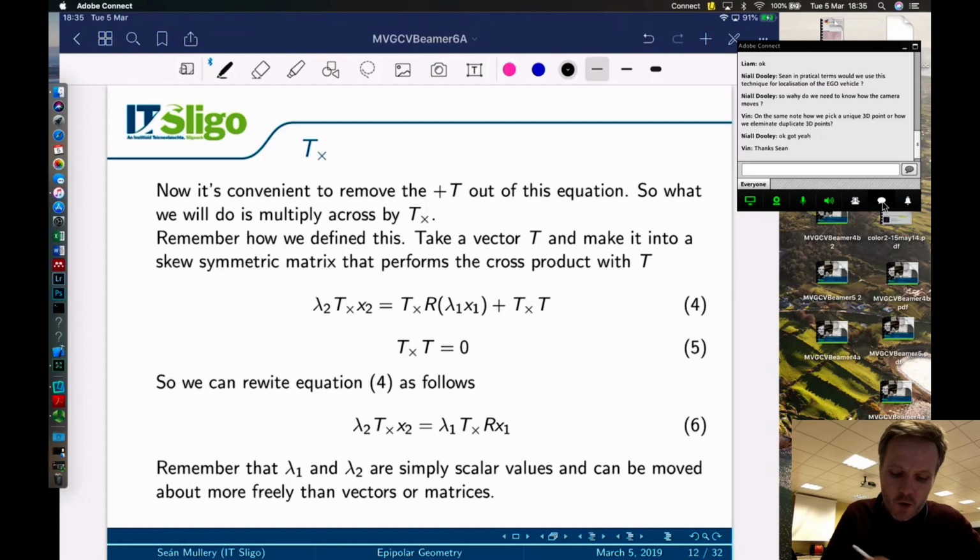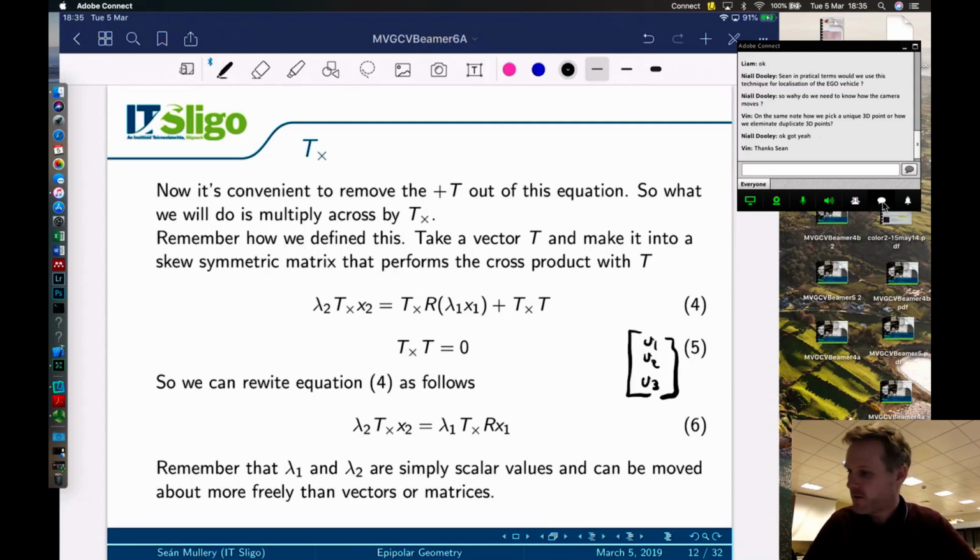So this is the t, which we'll call the t cross function. Now hopefully you remember this. This is where we turn a 3D vector, let's say u1, u2, and u3, into a skew symmetric matrix. If you remember, we turn it into this. Can I remember it now?